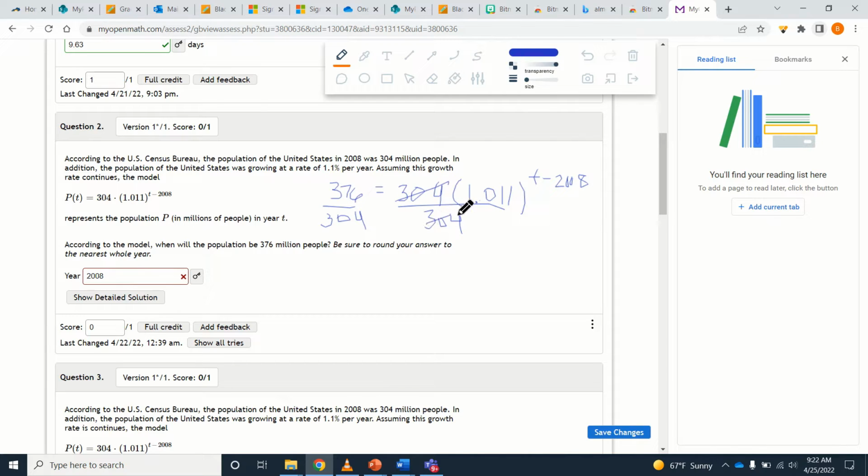And it will cancel on this side. And on this side, 376 divided by 304 is an ugly decimal. And actually, I'm just going to leave it as this for the time being, so that in a minute it'll be easier to deal with. So now I've got the base and its exponent by itself.